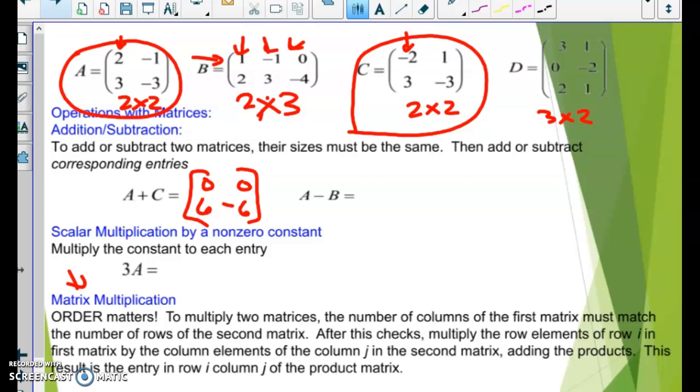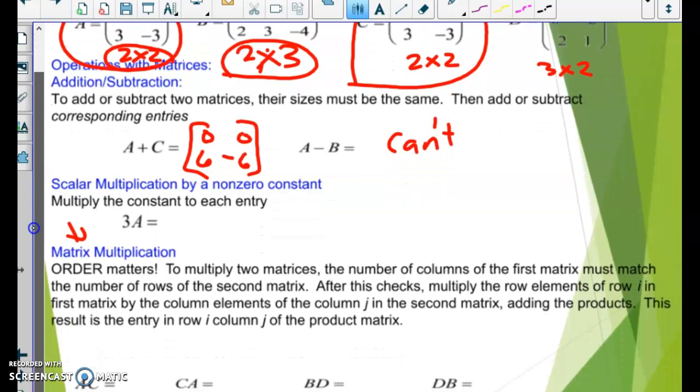And if I subtract a minus b, notice that a is a 2 by 2 and b is a 2 by 3. So we don't have enough elements in a to be able to do it. So we're going to just say we can't do that operation.